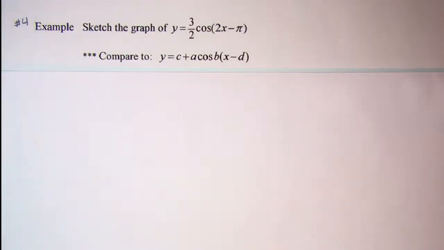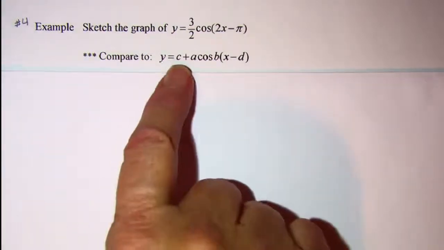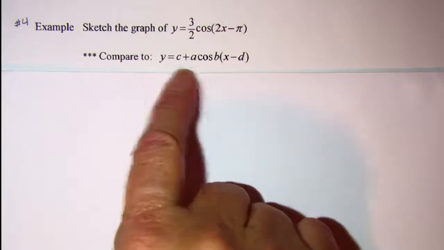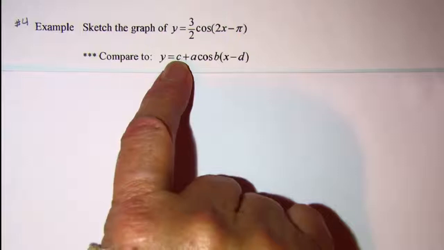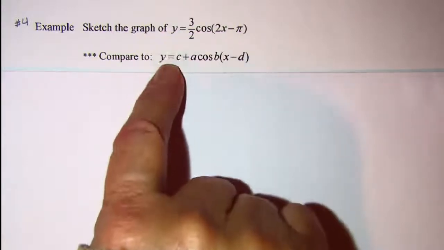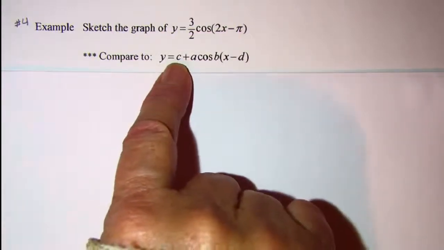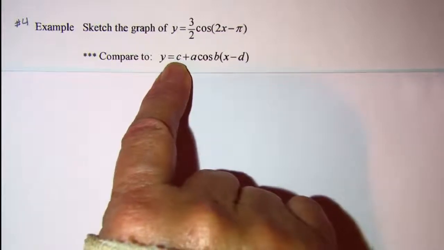The example that we'll be doing is sketch the graph of y equals 3/2 cosine of 2x minus pi. Well, let's compare this equation to the general equation. We'll notice that there is no c value, so our vertical translation is 0.